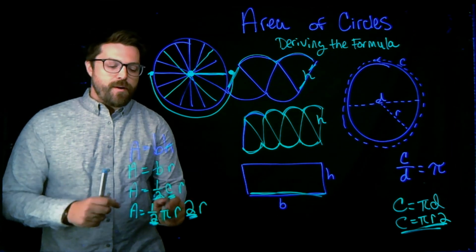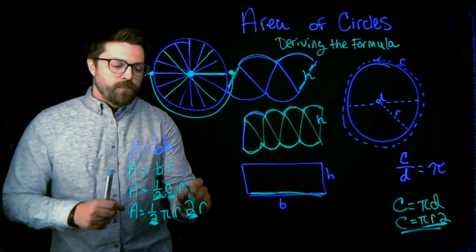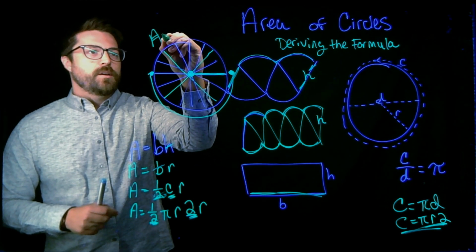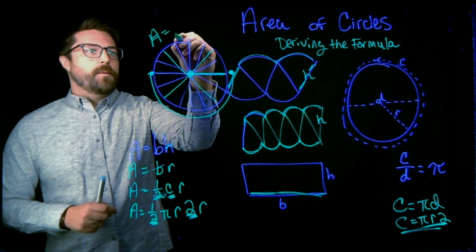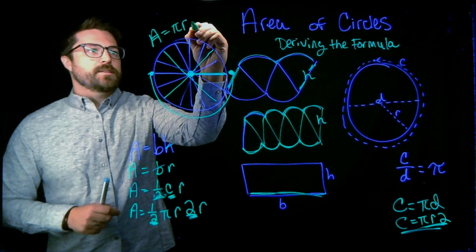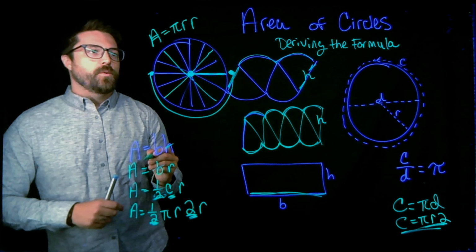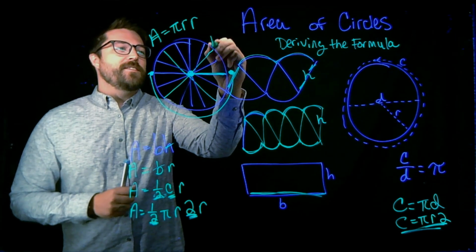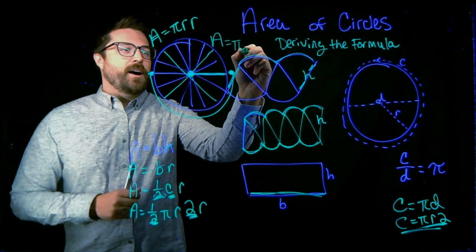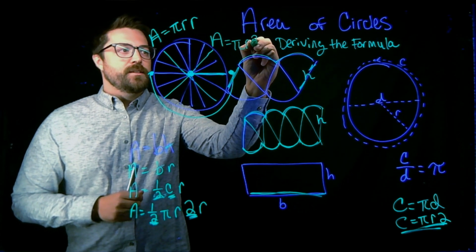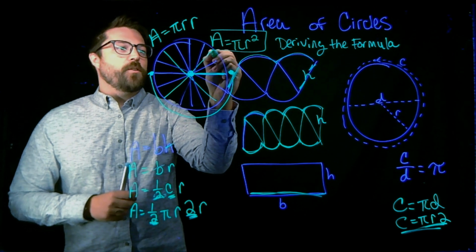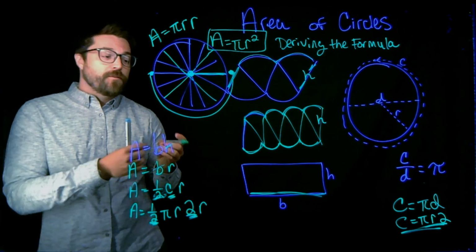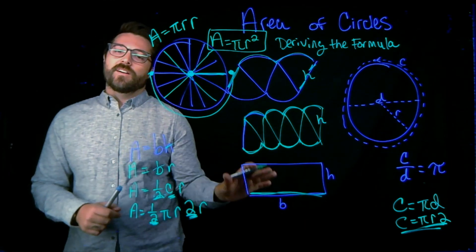And so I'm going to rewrite this without the 1/2 and the 2, and say that area equals pi times the radius times the radius, which I can clean up even further and say that area is pi times the radius squared. And there is our formula for the area of a circle, but derived from our understanding of rectangles.